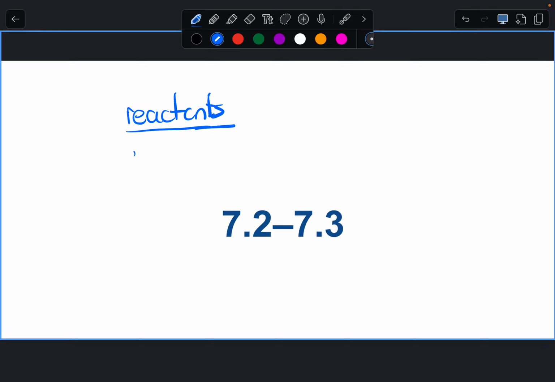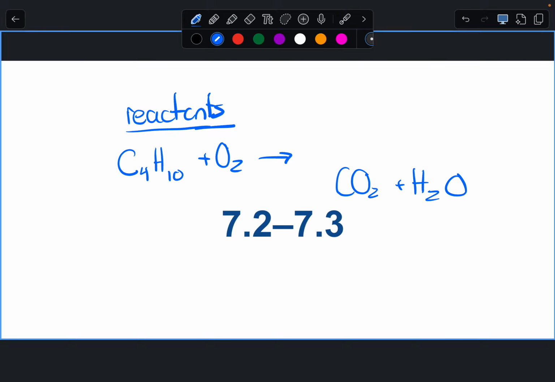So you have butane, which is C4H10. And when you flick the lighter, it releases some of the butane, which reacts with the oxygen in the air and produces CO2 and water. Okay? You also feel heat come off, right? That's why there's a flame. There is some heat coming off, some energy.